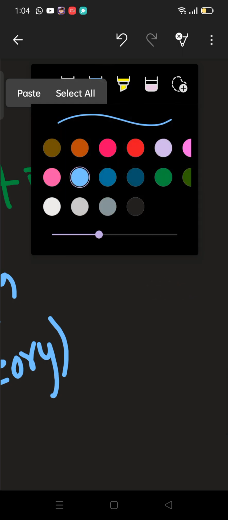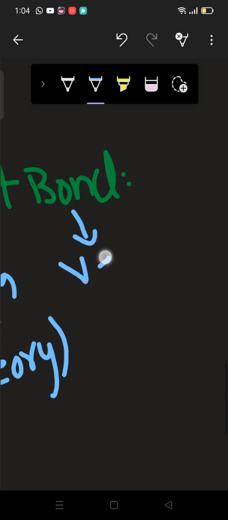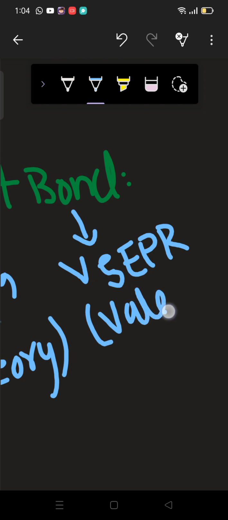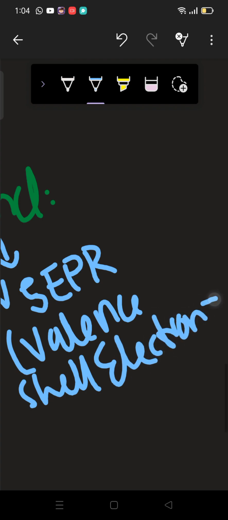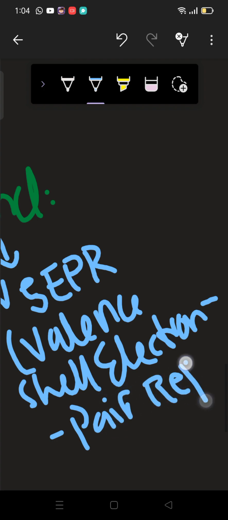right? VSEPR, which is valence shell electron pair repulsion theory.